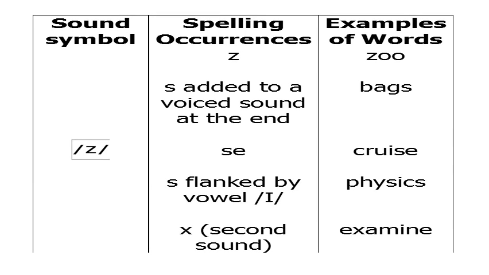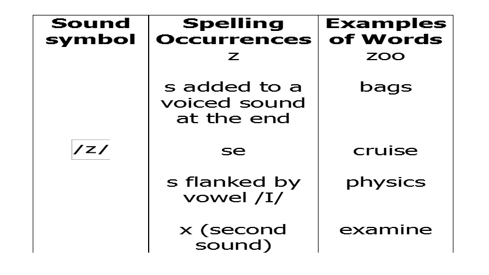This sound is pronounced z. It can come from letter Z. It can be from letter S if the S is added to a voiced sound to form plurals. It can also come from letters SE.